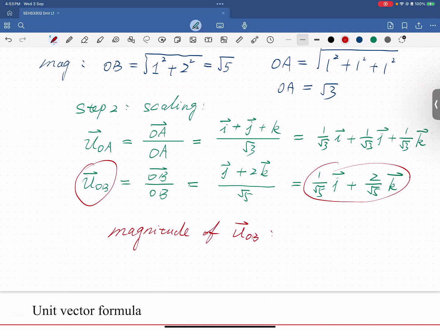It is the square root of 1 over root 5 squared plus 2 over root 5 squared. Simply, it is 1, right? We just come back and verify. Also this one.